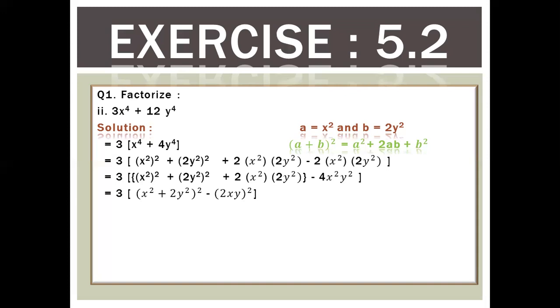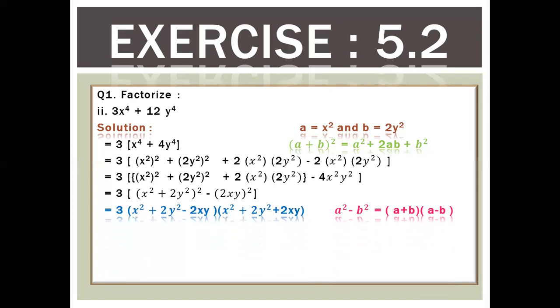minus 4x square y square. We write 2xy whole square. We can write 4x square y square as minus 2xy whole square because we want to apply the formula here, which is a square minus b square, which is equal to a plus b into a minus b.